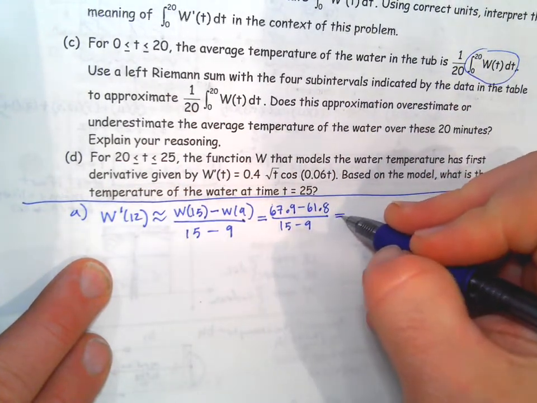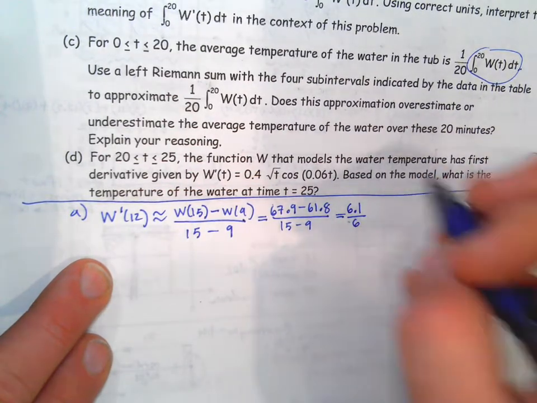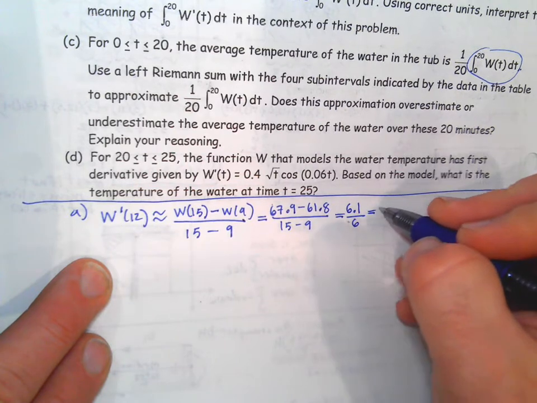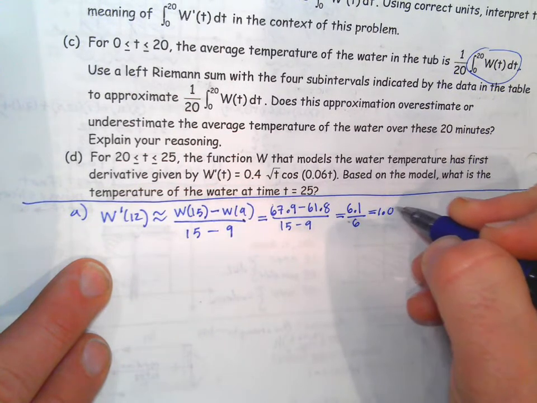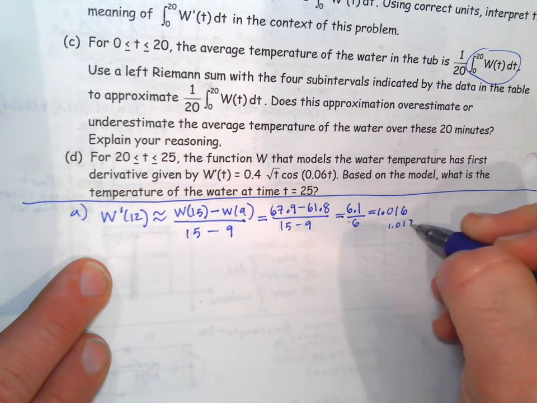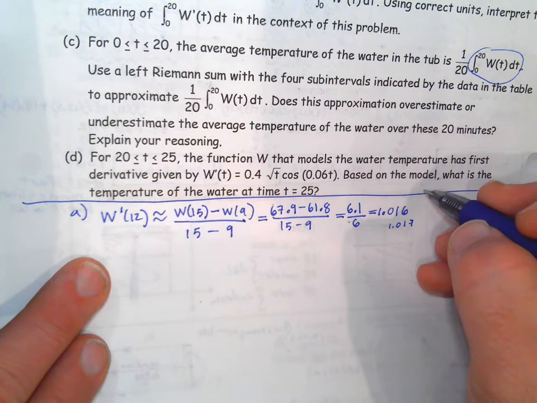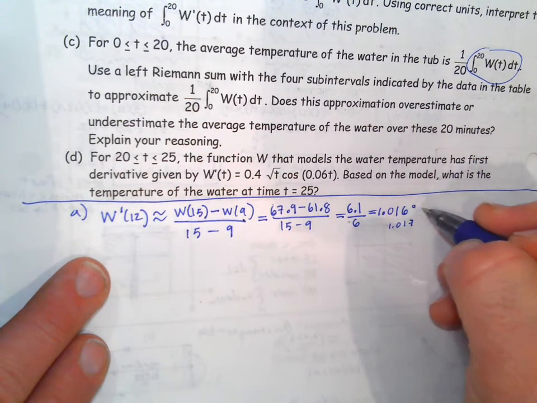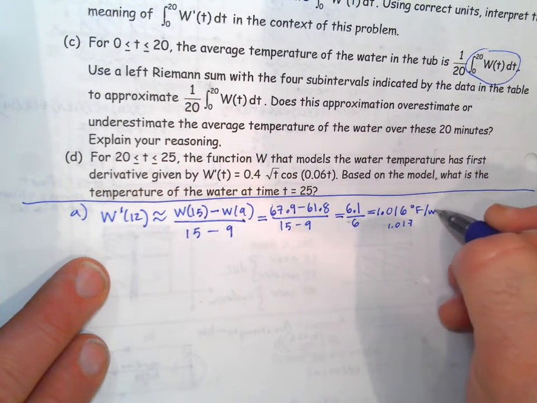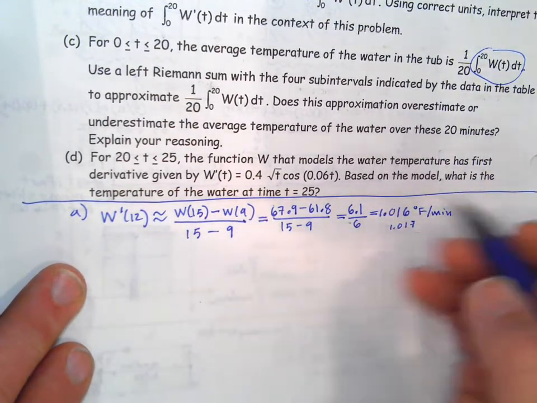Okay, so this is going to be 6.1 over 6, and on your calculator it'd be 1.016 or 1.017, three decimal accuracy, rounded or truncated. Then I put the units, degrees Fahrenheit per minute. The top is temperature, the bottom is time.